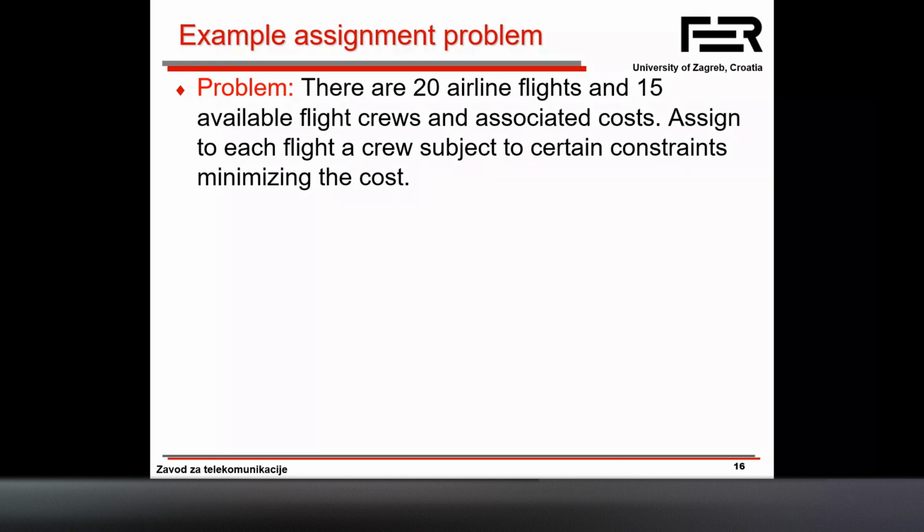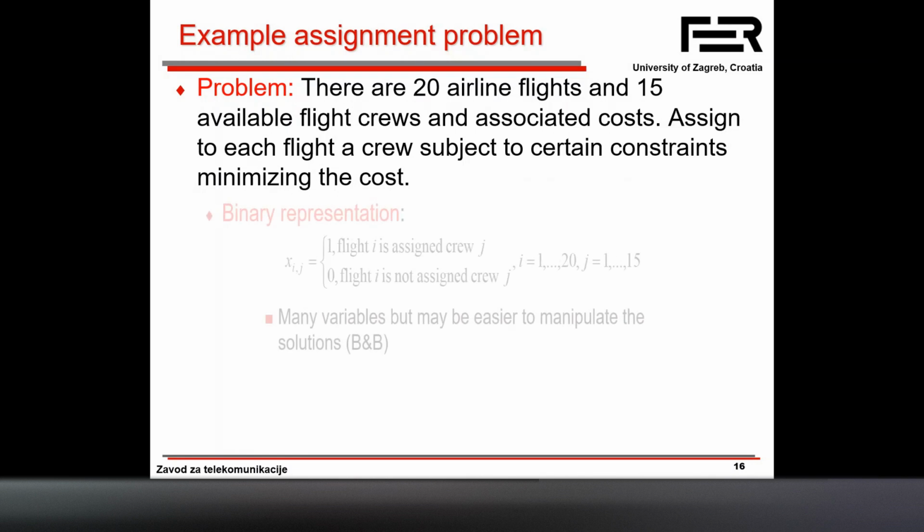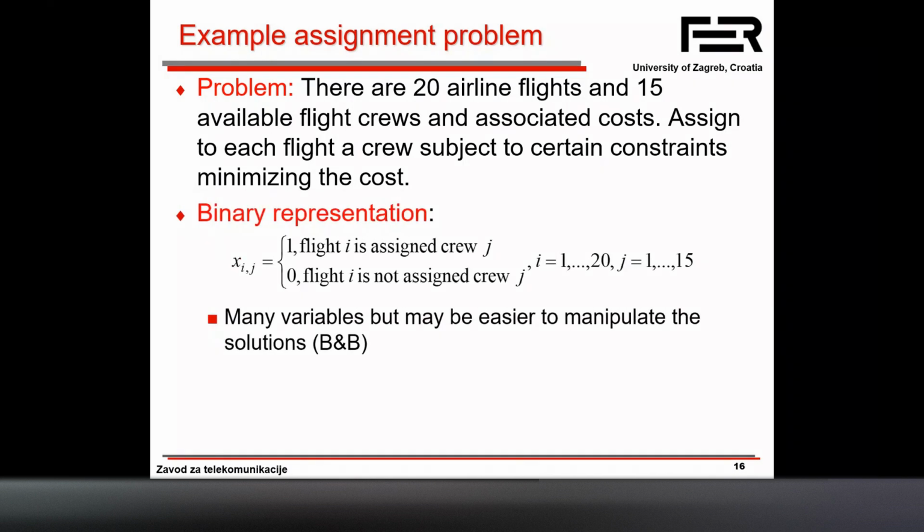In this example, it's not the same number of crews and flights, but that's okay. So a binary representation would be, like I said, xij: 1 if flight i is assigned to crew j, and 0 if flight i is not assigned to crew j. Then in this case, we have many variables, which can be easier to manipulate.